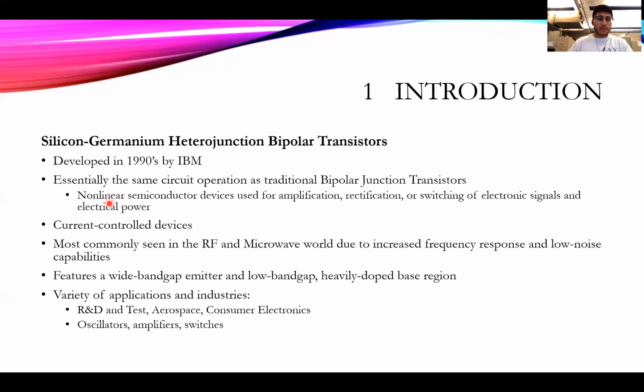HBTs, SiGe HBTs specifically, are most commonly seen in RF and microwave applications due to their increased frequency response. They have really good transition frequencies as well as low noise capabilities, gain, and linearity.